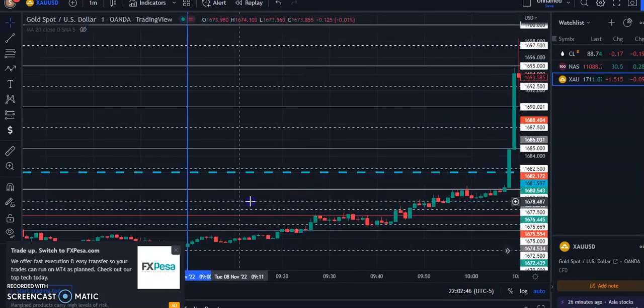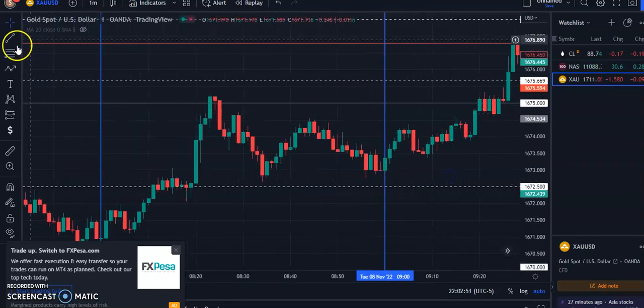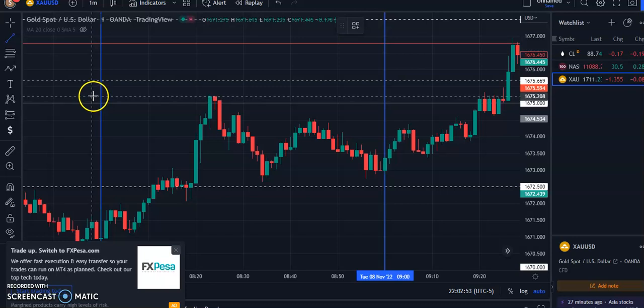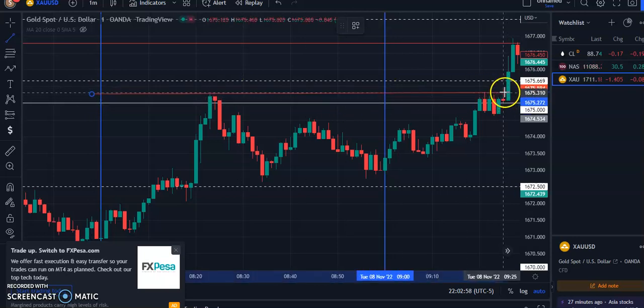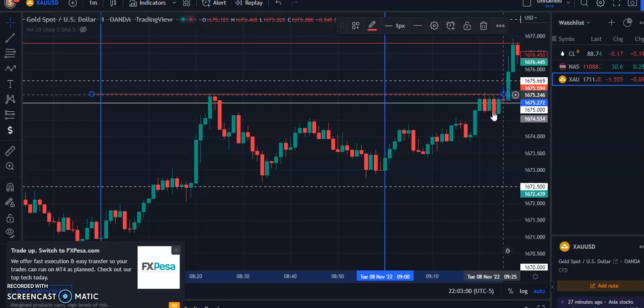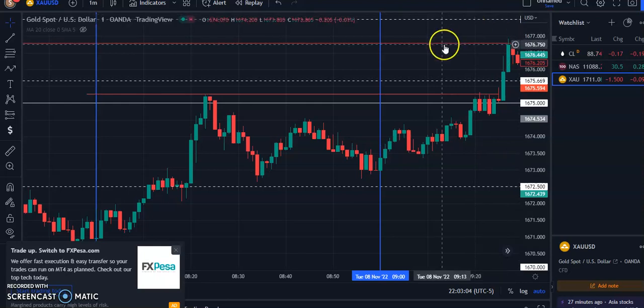So the first hour sets the high and the low of the session. But that right now is not relevant for us because we want the market to go to the high of the day. The market comes to the high. This is the high of the day.